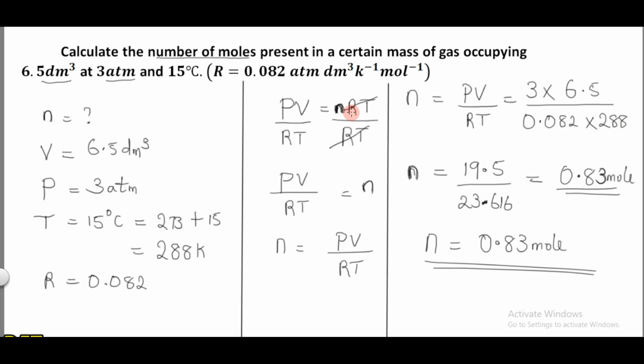Your R in the formula is the universal gas constant, and the value is 0.082 atm dm3 per Kelvin per mole. Then your T in the formula is temperature, and the temperature should be in Kelvin. So it's actually a very simple and straightforward question.